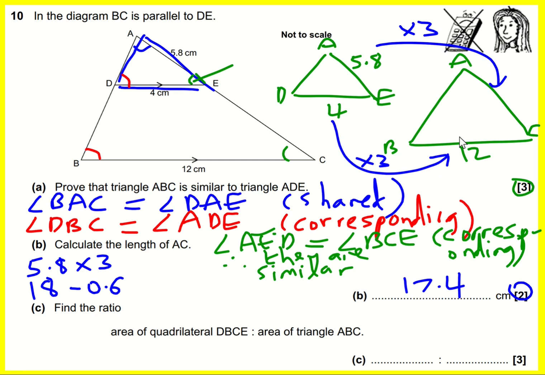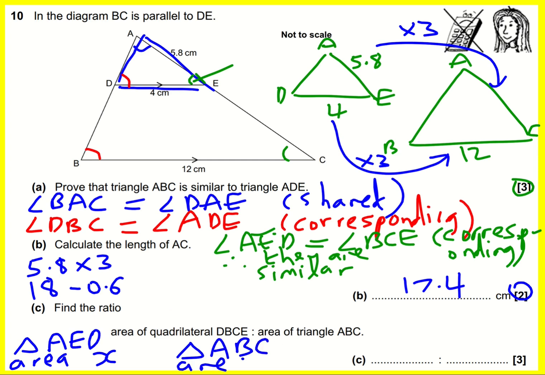Oh, okay, so let's look at triangle AED, and let's say it has area of x. Right, then triangle ABC, what area will that have?